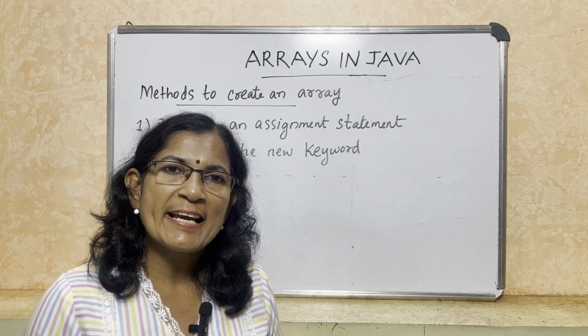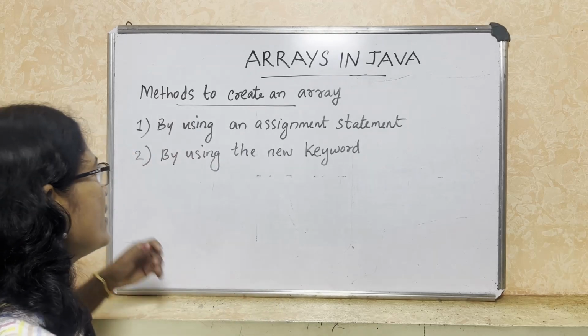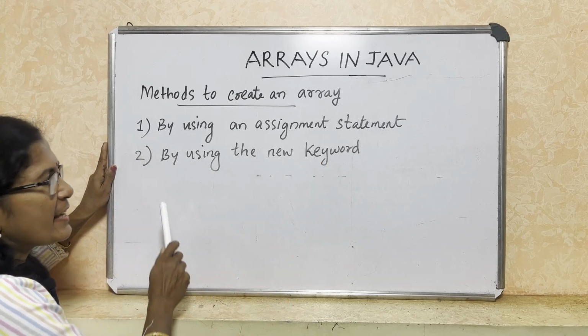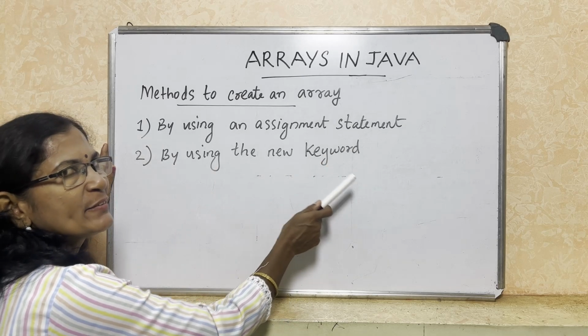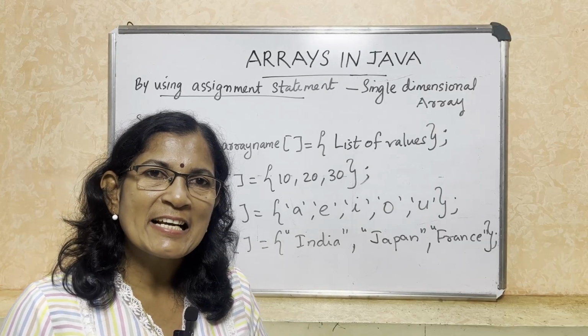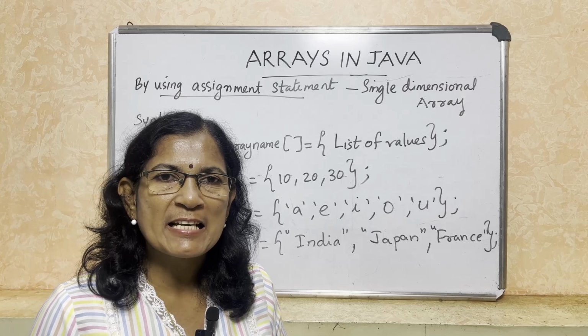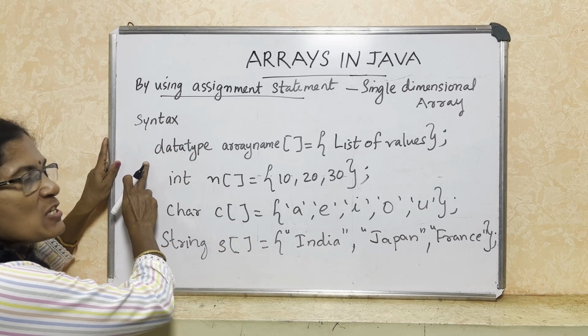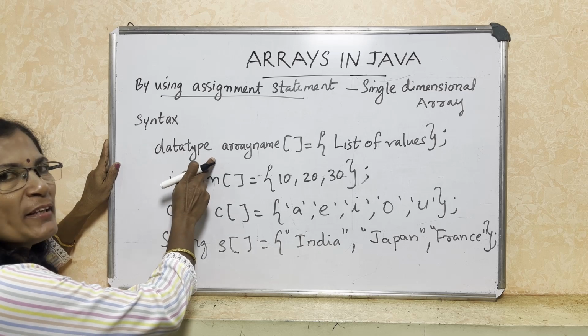In Java, we can create arrays in 2 different ways. The first method is by using an assignment statement, and the second method is by using the new keyword. Now, let's learn to create a single dimensional array by using an assignment statement. So, the syntax for creating a single dimensional array is the type of the data.